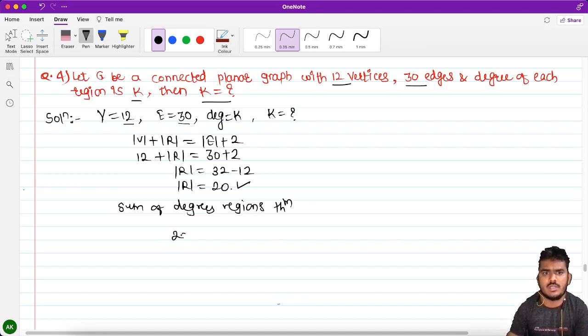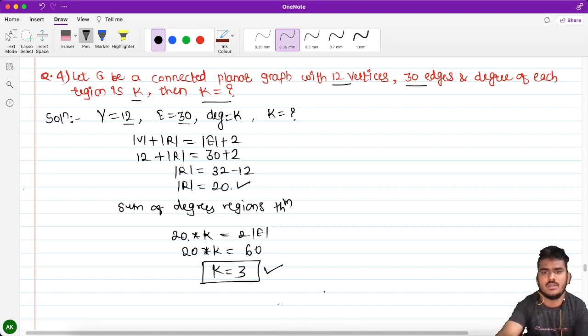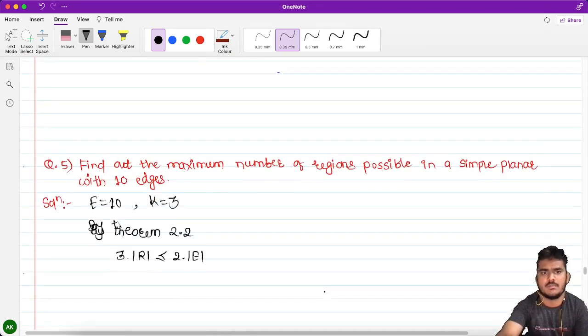There are 20 regions, and each region has degree k, equal to 2 times the number of edges. So this is 20 into k, and the edges are 30, so 30 into 2 is 60. So the k value becomes 3. So we can say that the degree of each region is 3. Okay, so we will move to the next example.